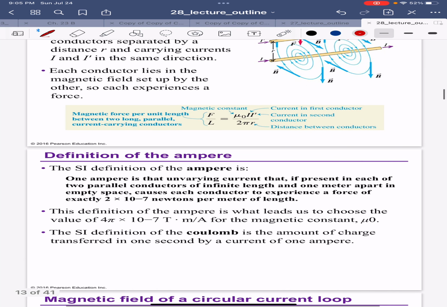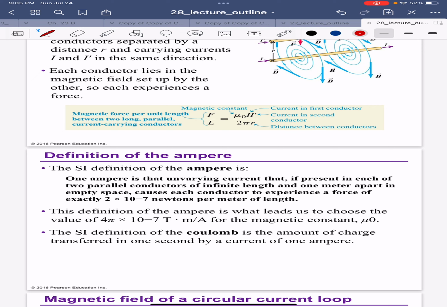This definition of the ampere also leads to the value of mu zero being 4 pi times 10 to the negative 7, and its unit is Tesla times meter divided by ampere.